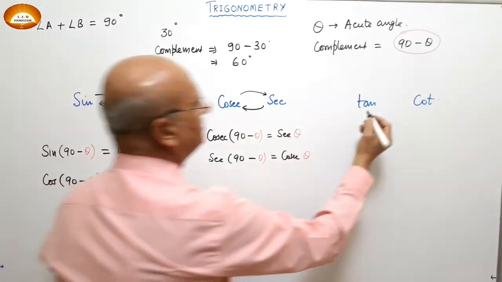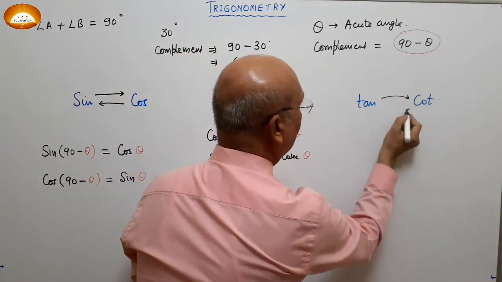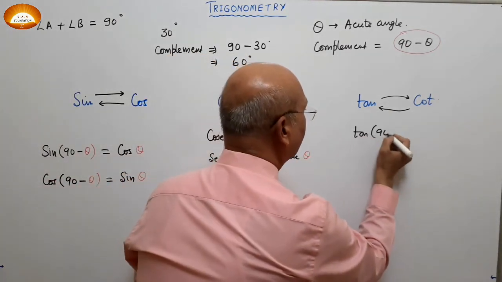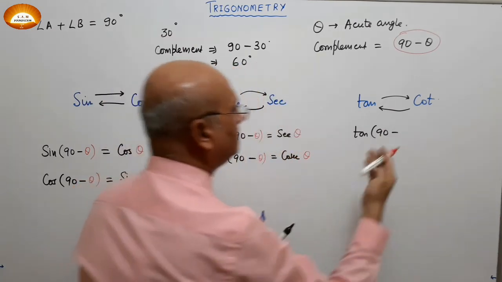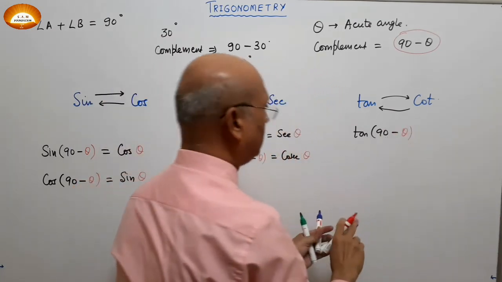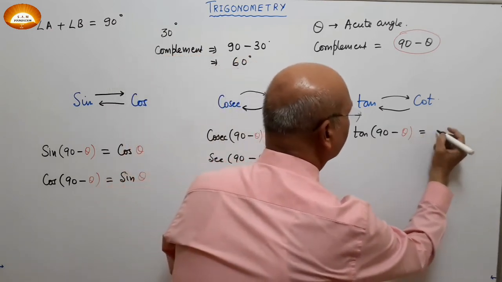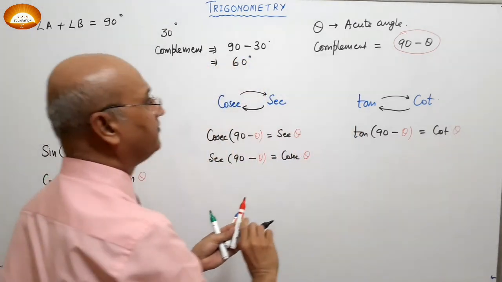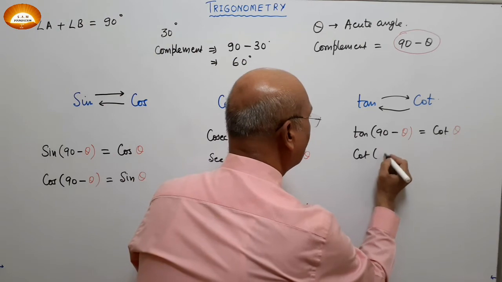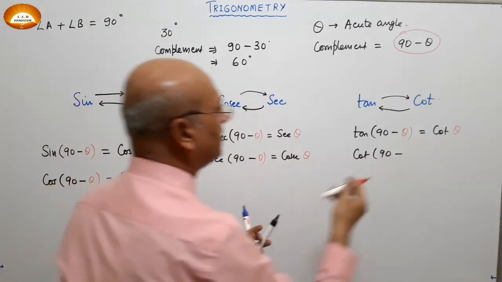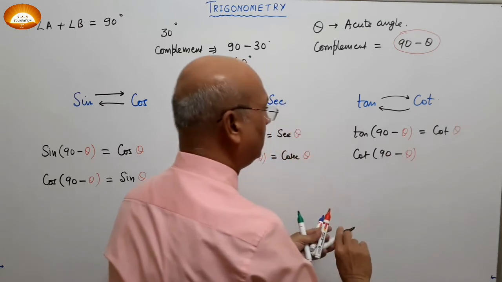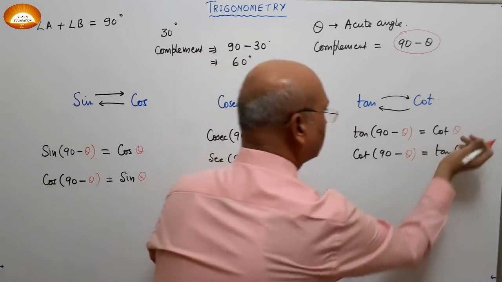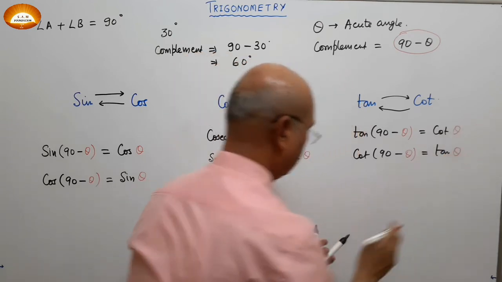Now same is the case here. Tan changes to cot and cot changes to tan. How are we going to write it? Tan of 90 minus theta becomes cot theta, and cot of 90 minus theta becomes tan theta.